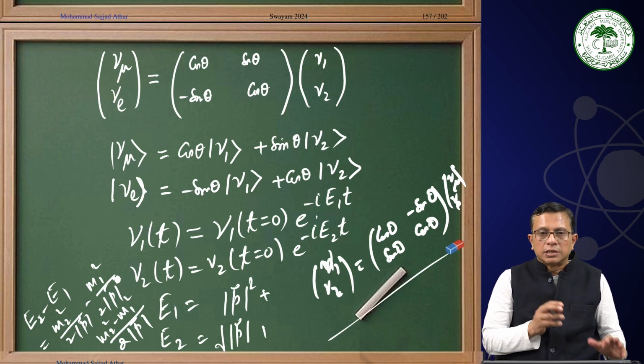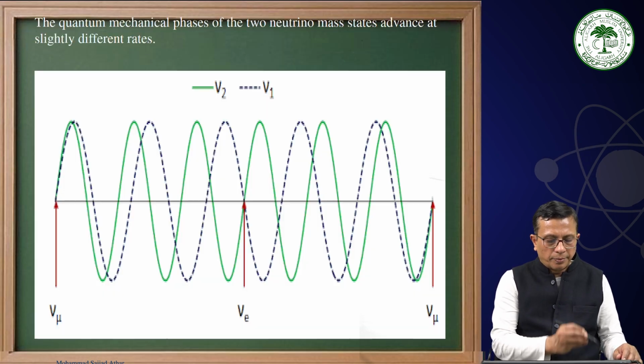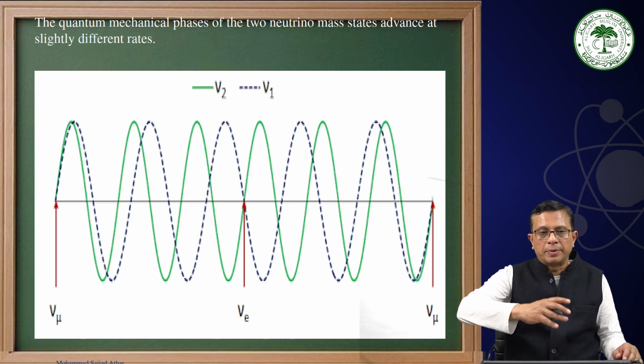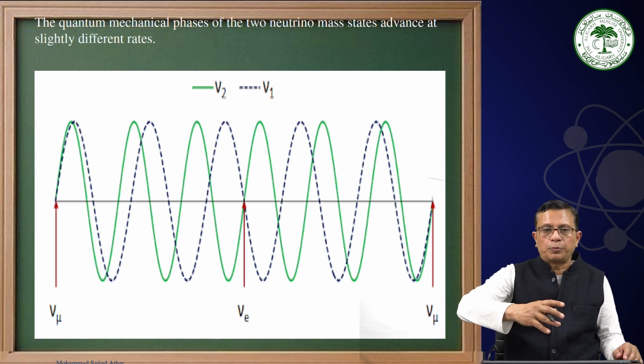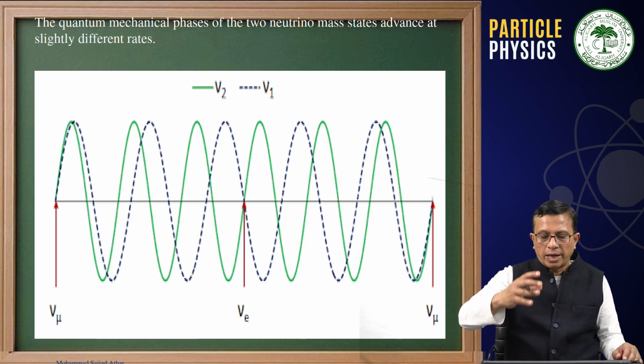This is because suppose we start with a pure muon neutrino beam, and then that pure muon neutrino beam is propagating in space as a mixture of nu1 and nu2.